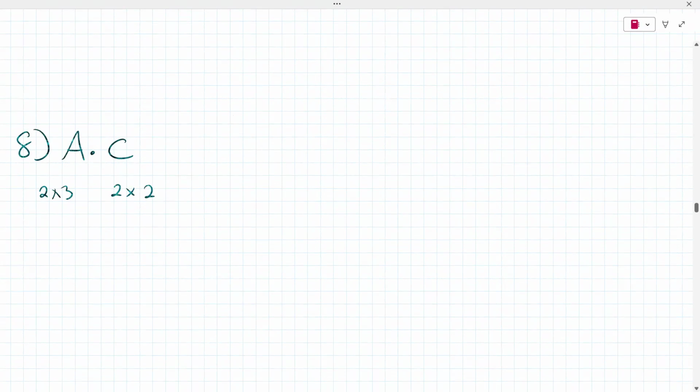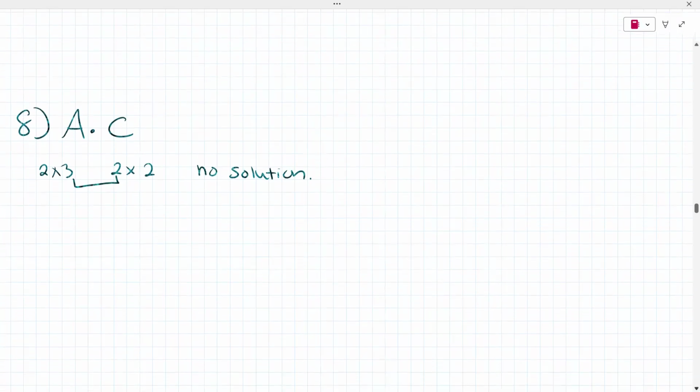So can you multiply these two matrices out? No, because these have to be the same. So yeah, no solution. Okay, good.